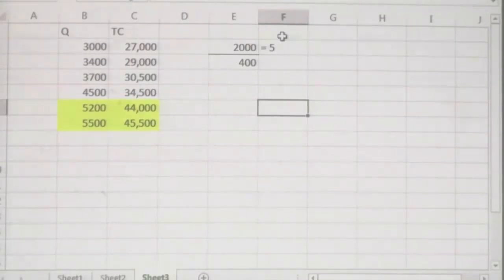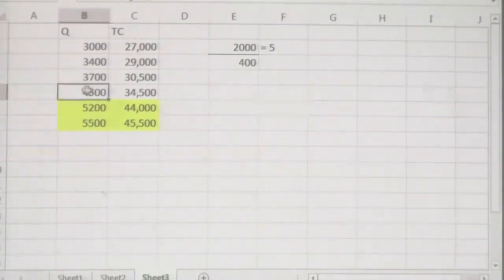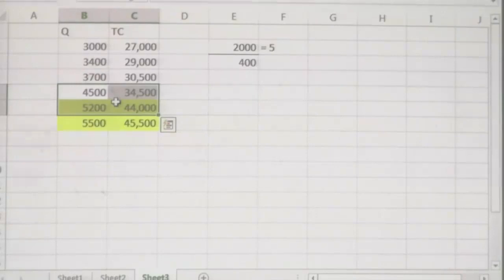Why I am telling not to take these two sets of accounts? Question clearly mentioned after 4500, that means in between these two, there is a step cost, that is fixed cost has been increased by additional value.